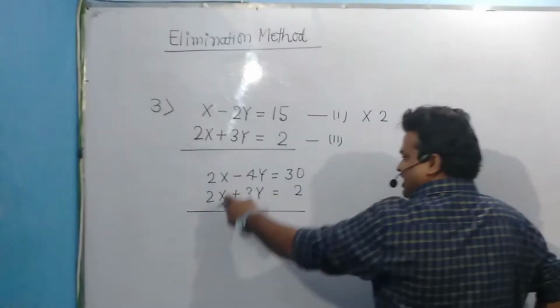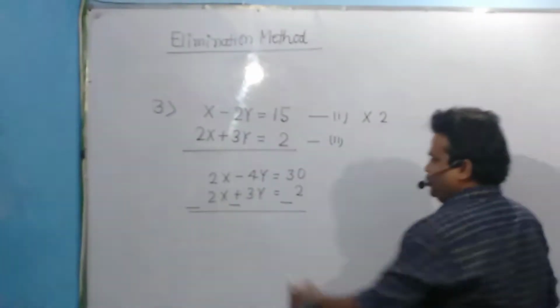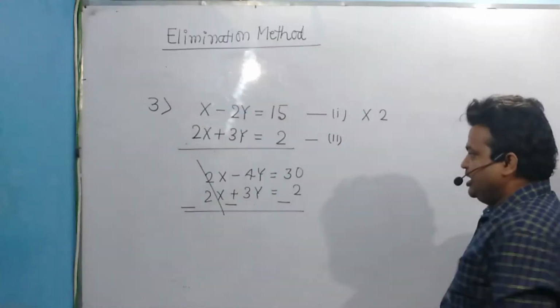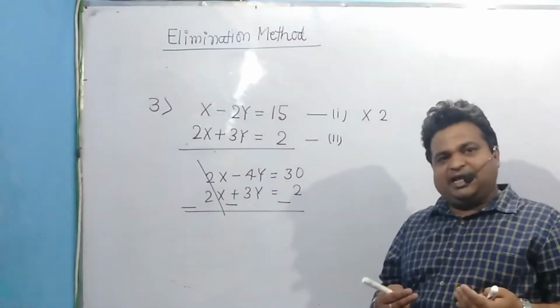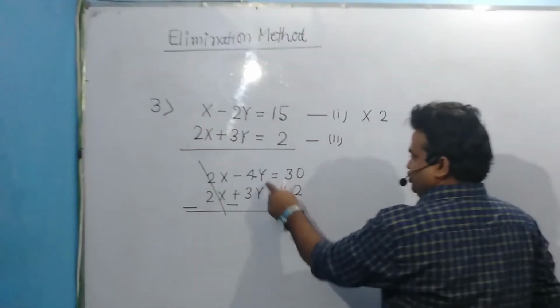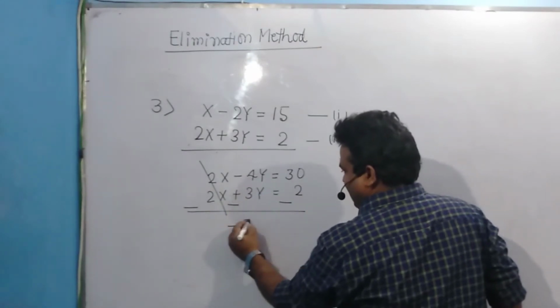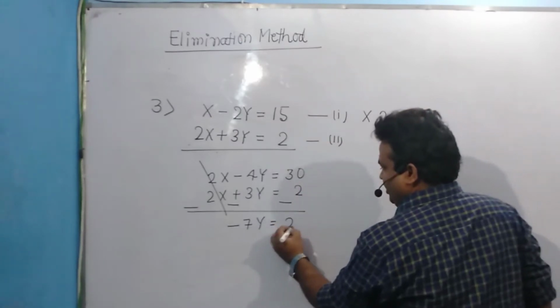Now I can easily cancel by subtracting the equations. Plus 2x and minus 2x cancel out, and minus 4y minus 3y, where minus means addition of these two quantities, gives minus 7y is equal to 30 minus 2, which comes to 28.